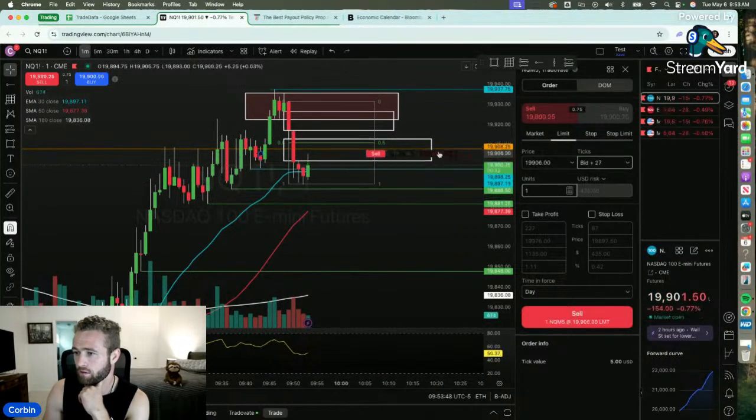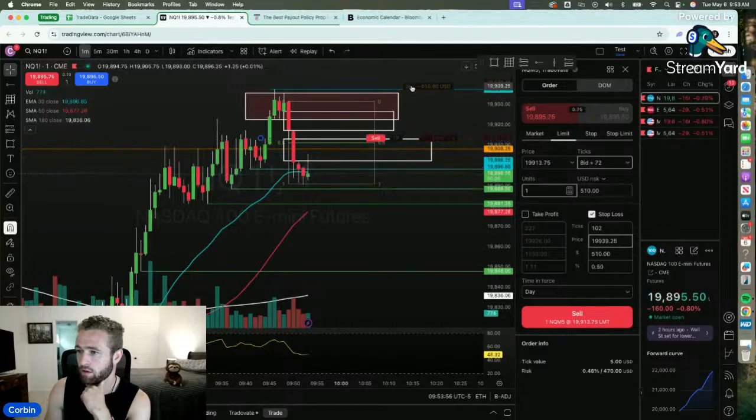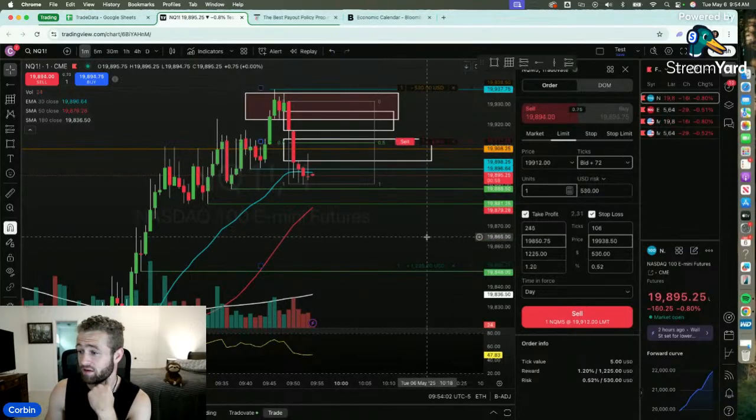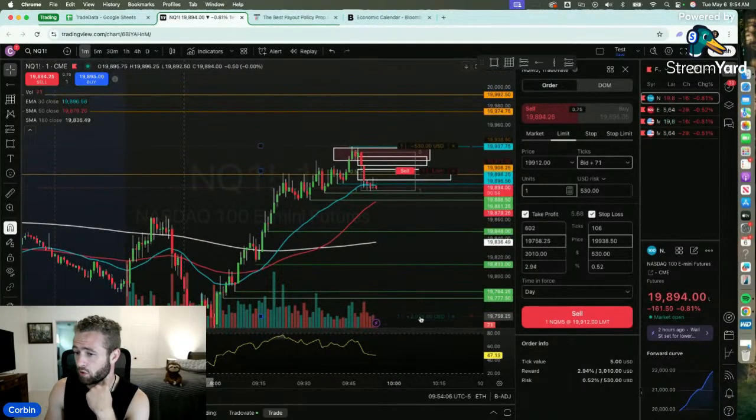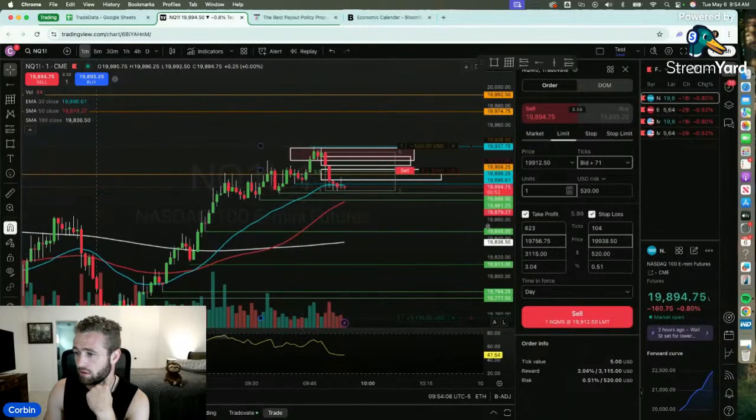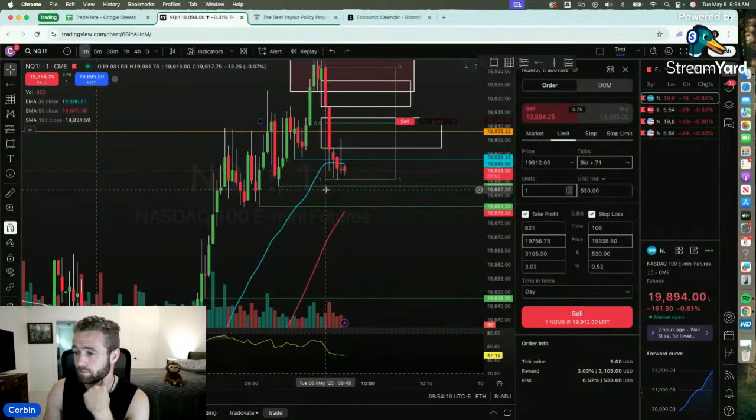Okay. So if we can get in at equilibrium right around here, the stop loss above there, take profit, move all the way back down.